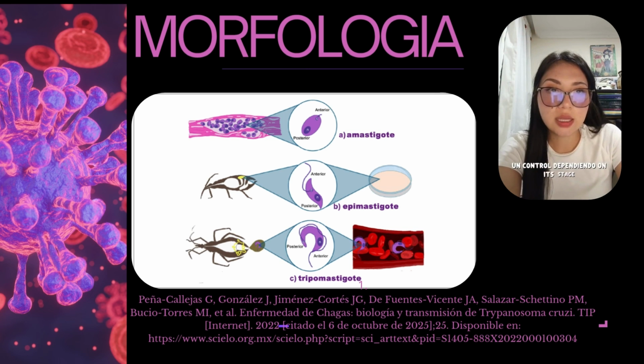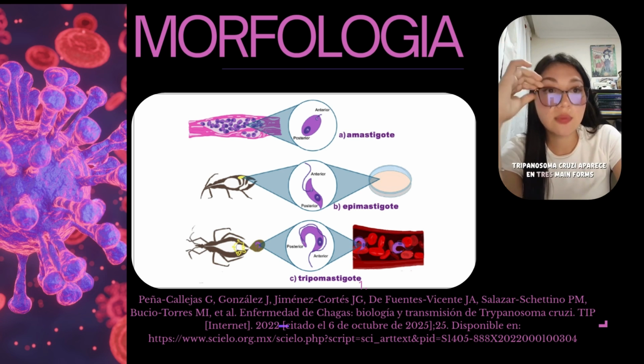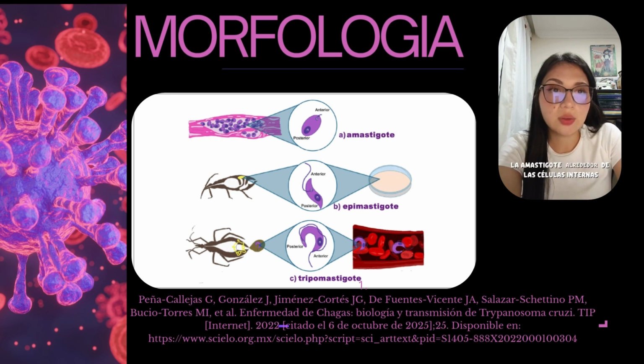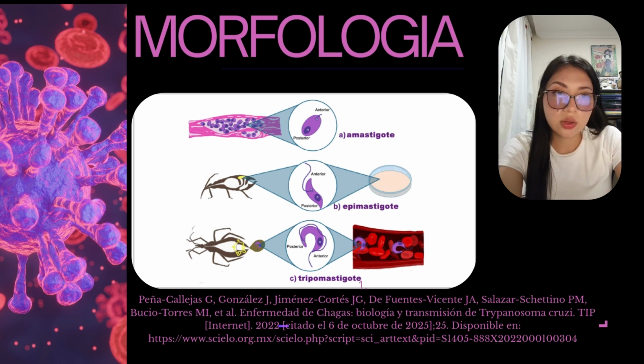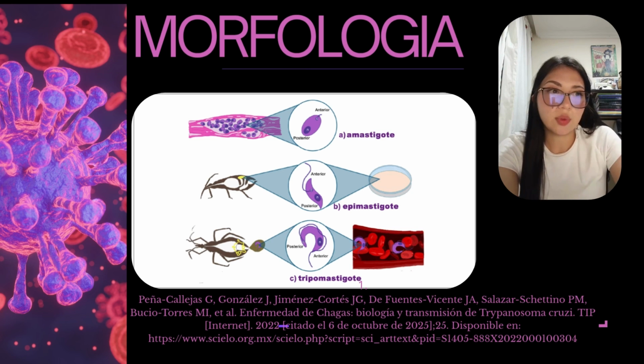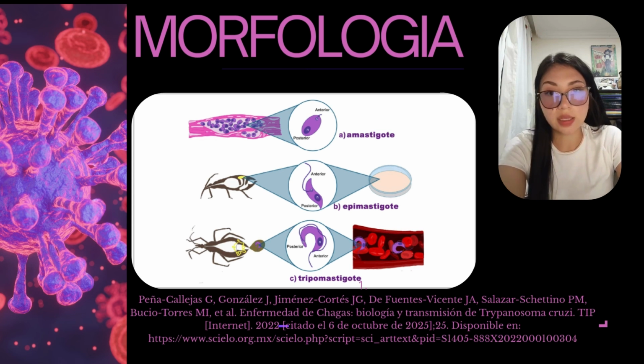Depending on its stage, Trypanosoma cruzi appears in three main forms: the amastigote, round and inside cells; the epimastigote, elongated, with a free flagellum and the kinetoplast in front of the nucleus; and the trypomastigote, also elongated, with an undulating membrane and the kinetoplast behind the nucleus. These shapes allow Trypanosoma cruzi to survive in different environments and complete its life cycle.